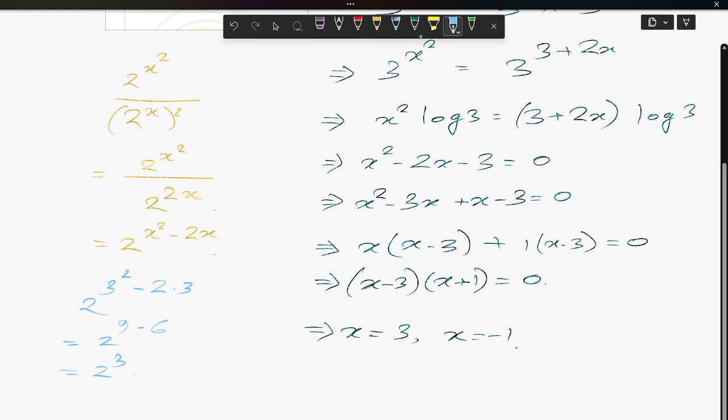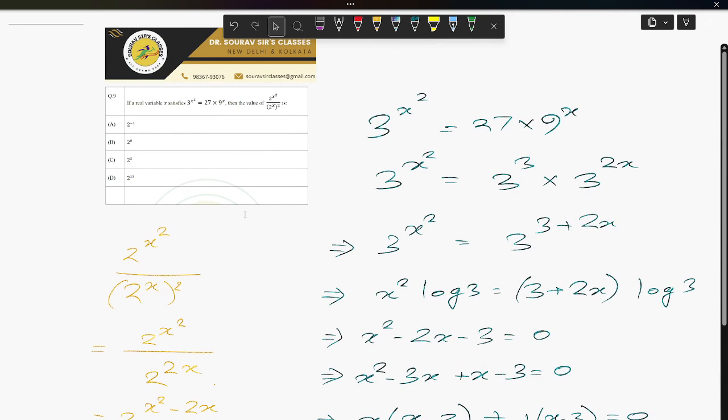And if we put minus 1, then we get 2 to the power minus 1 whole square minus 2 into minus 1, that is 2 to the power 1 plus 2, so we get 3. So in both of the cases, we are getting 2 to the power 3 as the answer here.